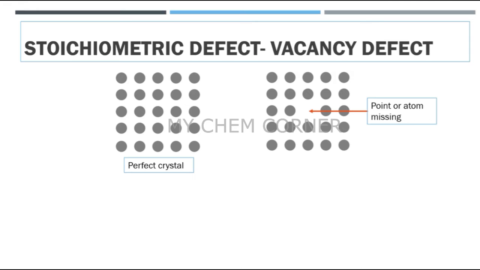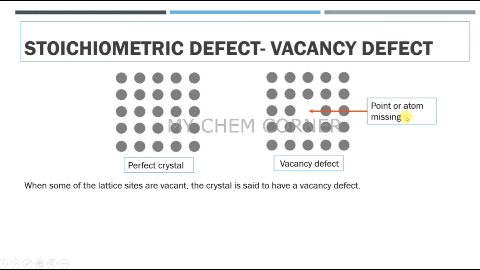But what is happening? In this case, one of the atom is moving out. So what's happening there? There is a vacancy here. There is an empty space here. So that means the point or that particular atom is missing. So when some of the lattice sites are vacant, the crystal is said to have a vacancy defect.